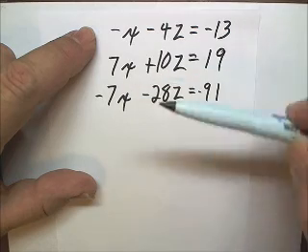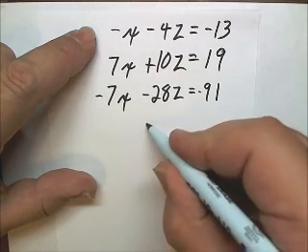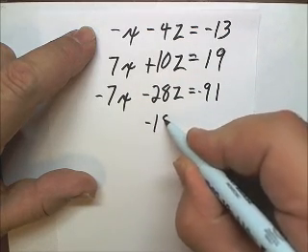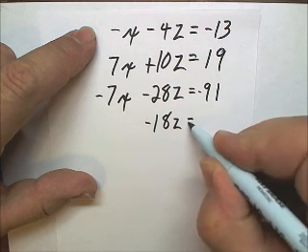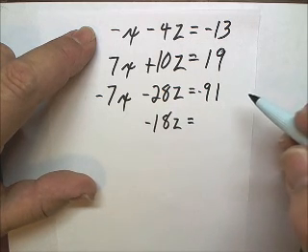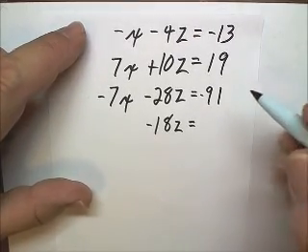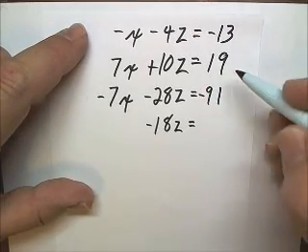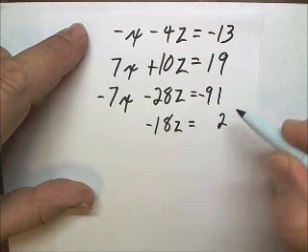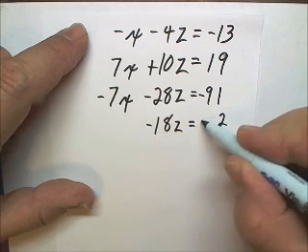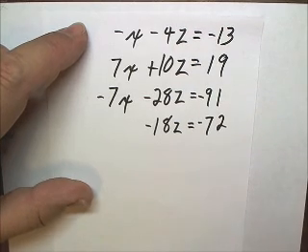Now I can add these two together, and I end up with negative 18z equals whatever 91 take away 19 is. Let's see, that's 2. I borrowed 1. That's negative 72.